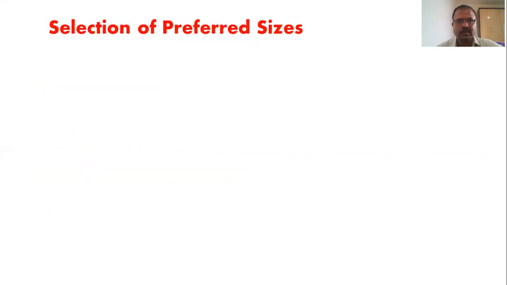Now, starting with the preferred sizes or the preferred numbers. What exactly are the preferred sizes or the preferred numbers? Many times a designer has to specify the sizes of the products.